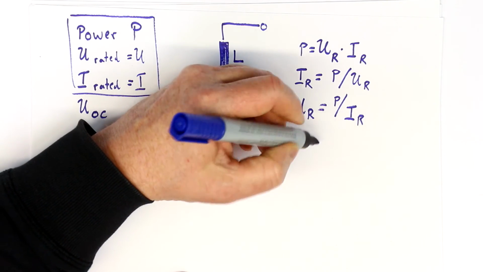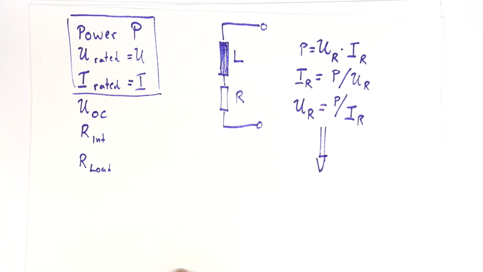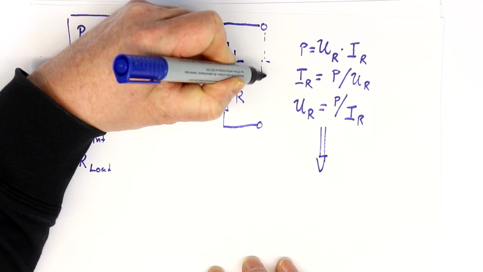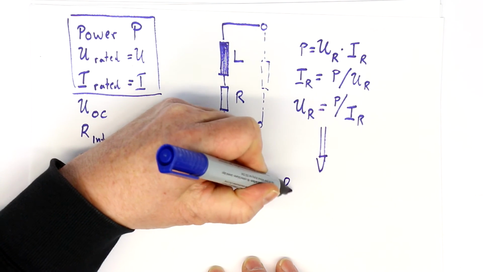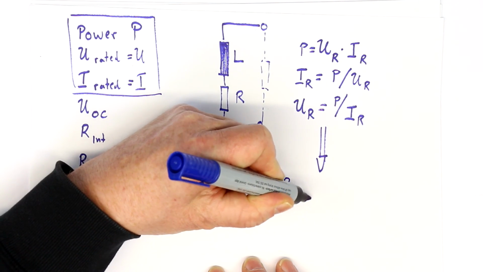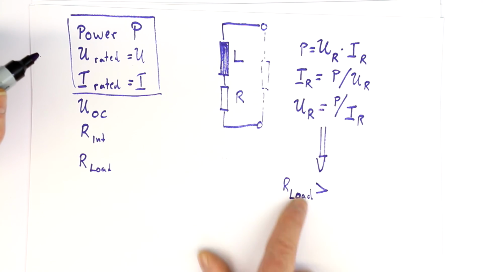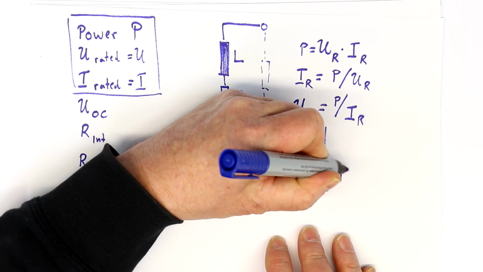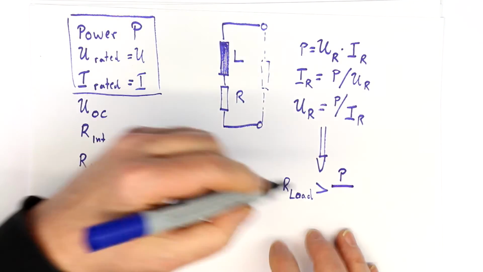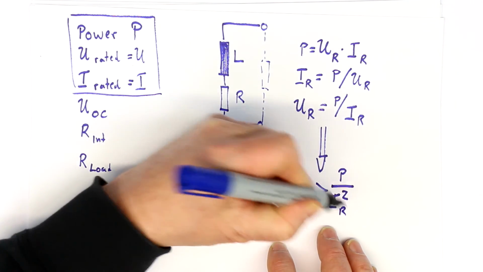And from that definition, we can also easily calculate the maximum load resistor we can put here on the secondary. So here would be placed our load resistor, and for it not to consume more than the maximum rated power, it must be greater than P, the power, divided by the squared rated current.